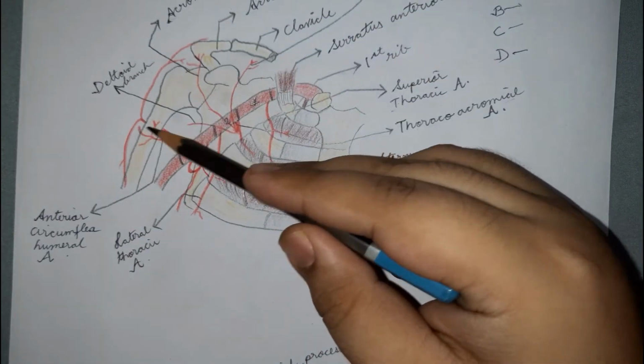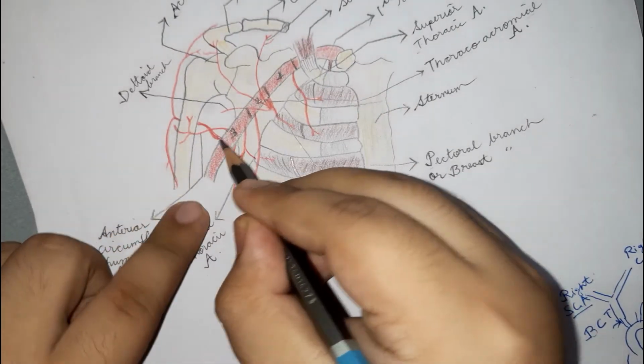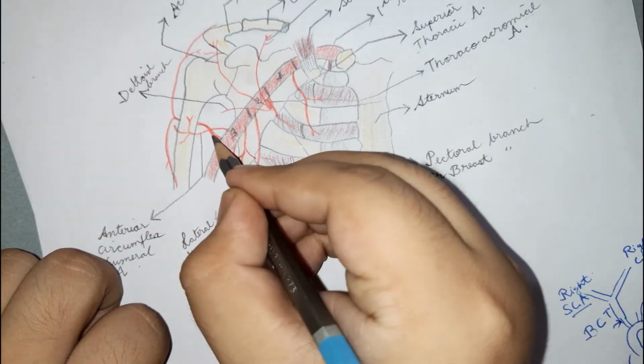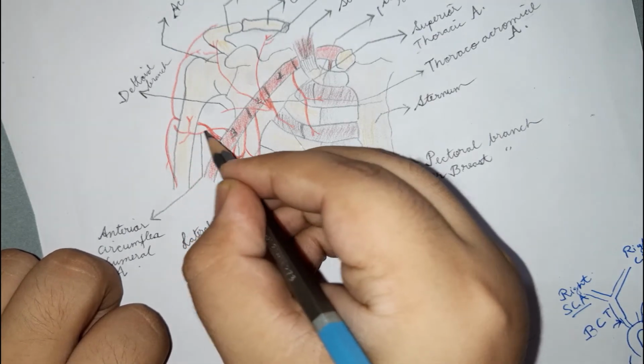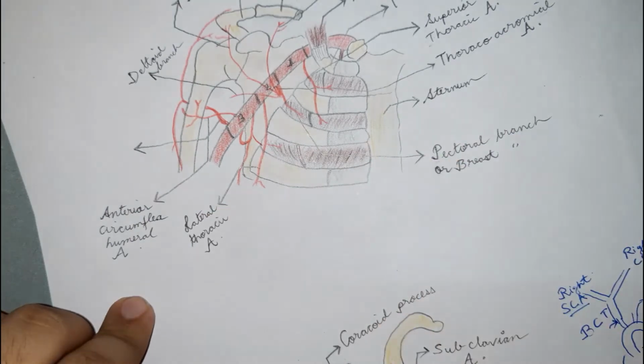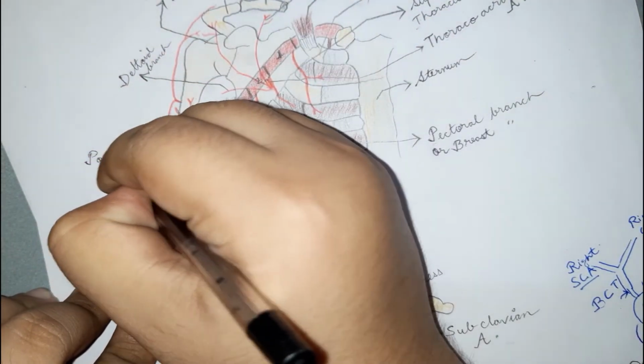its counterpart from the posterior side, which brings us to the second branch of the third part of the axillary artery, which is this thick branch that I have drawn over here. This is the posterior circumflex humeral artery.